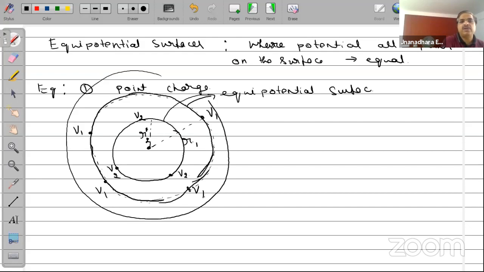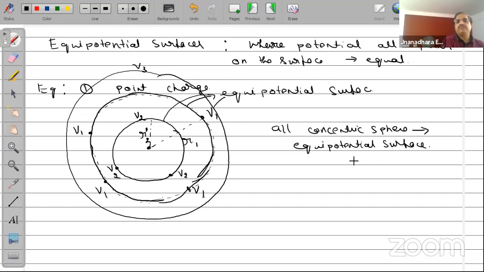This also will be an equipotential surface, but this may be at V3. And therefore, you can say that all concentric spheres will be equipotential surfaces. All right. So that is in fact the idea behind this.